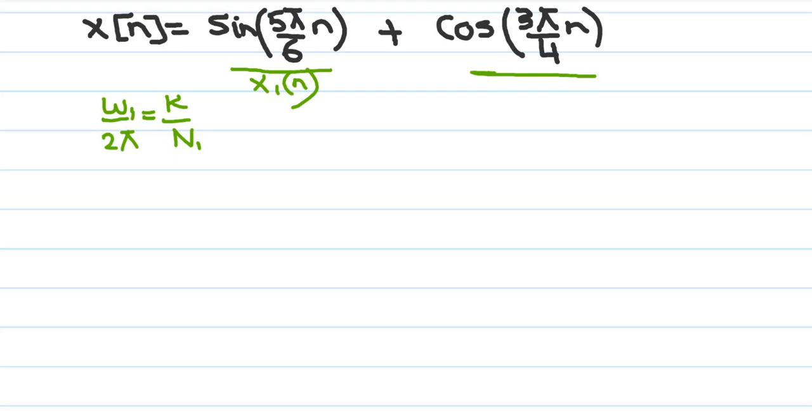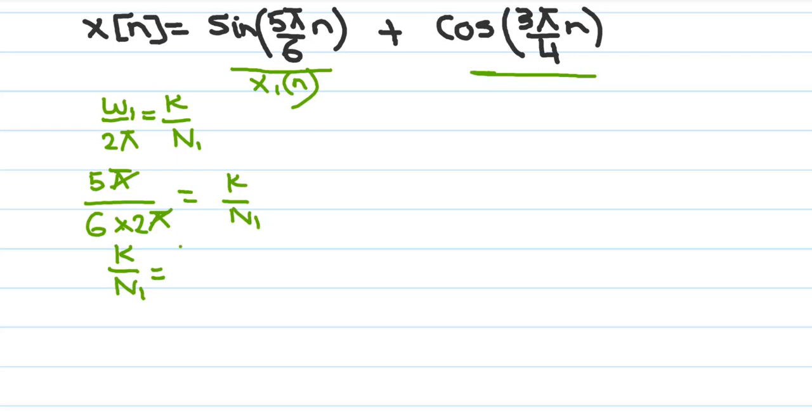So now omega 1 is 5 pi divided by 6, and we multiply by 2 pi, which will be equal to k divided by n1. So pi will be cancelled, and we have 5 divided by 12, so k divided by n1 will be equal to 5 over 12.